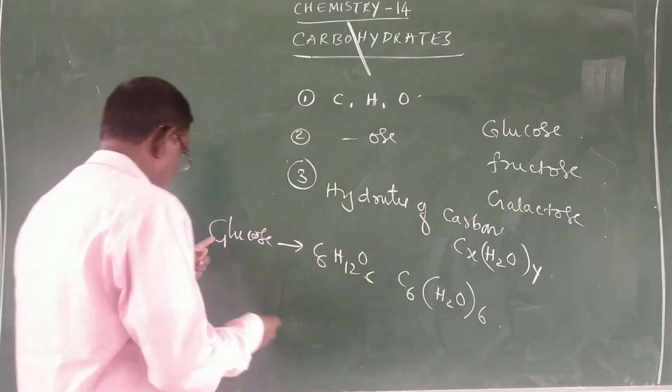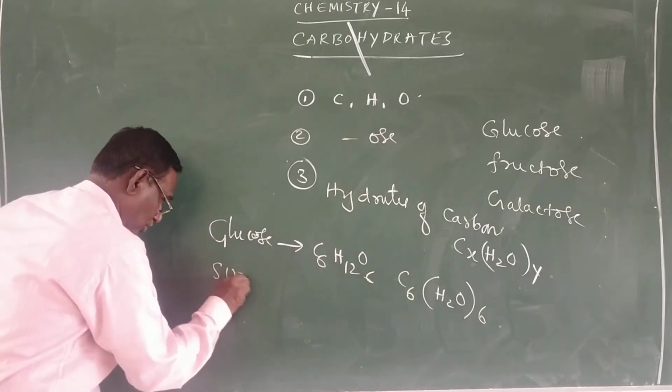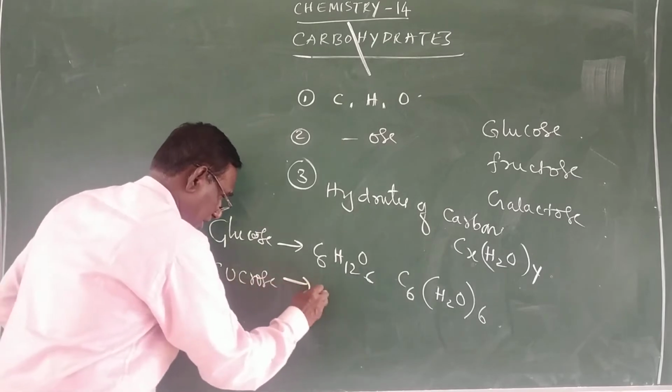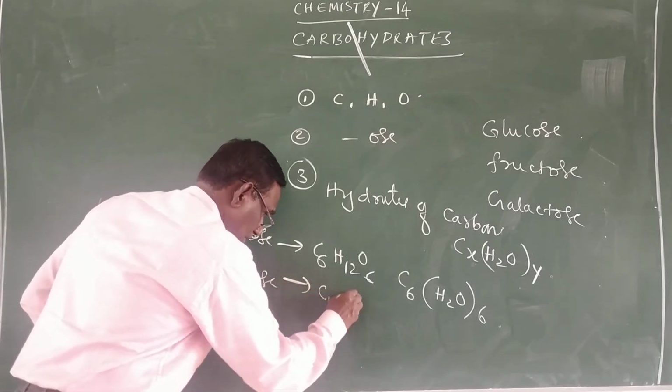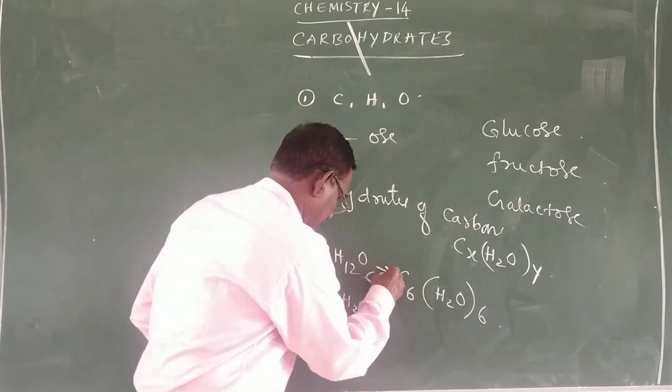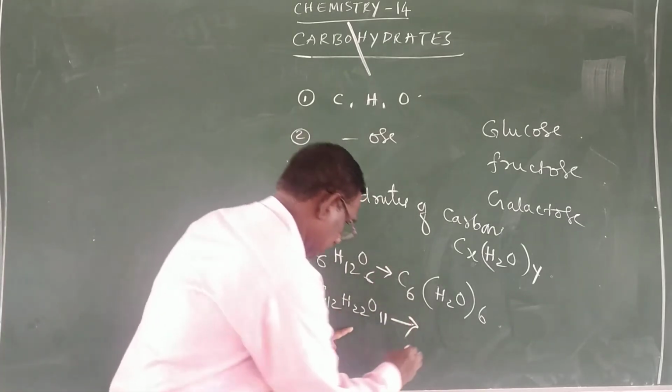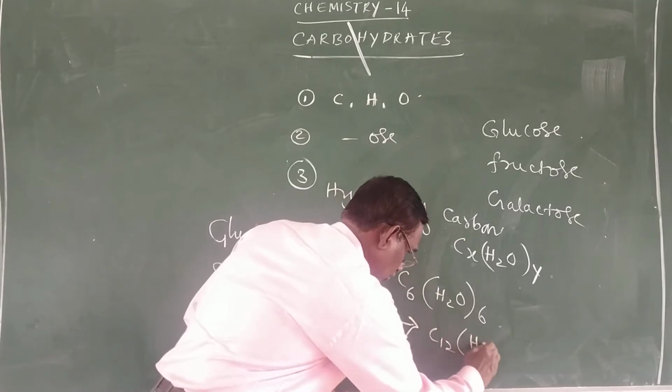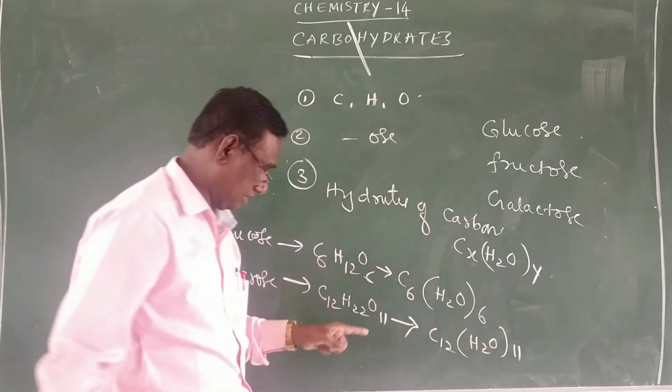Then if you take sucrose, for example, what is the formula for sucrose? C12H22O11. And it can be written as C12(H2O)11. See here?